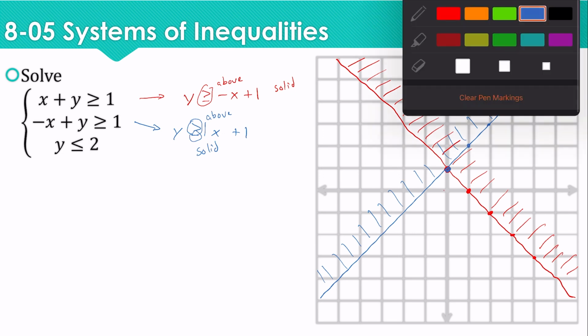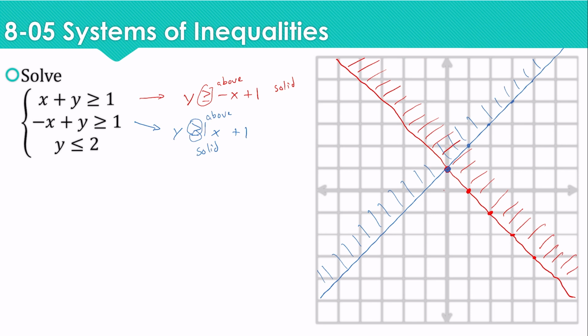Let's change the color again and do the last one. y is less than 2. So we have to think about y equals 2. y equals 2 is a horizontal line where y is 2. It is a solid line because it has the equal to.